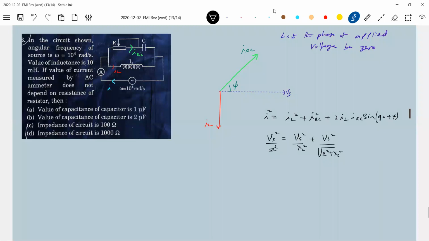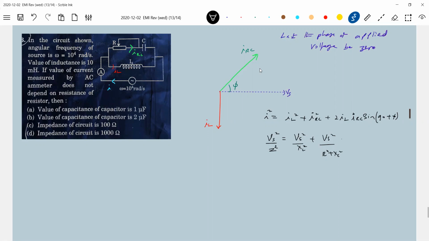Sin of 90 plus phi is cos phi, sir. Cos phi, no? Yeah. The root will not be there, sir, in the denominator, since you're squaring it.